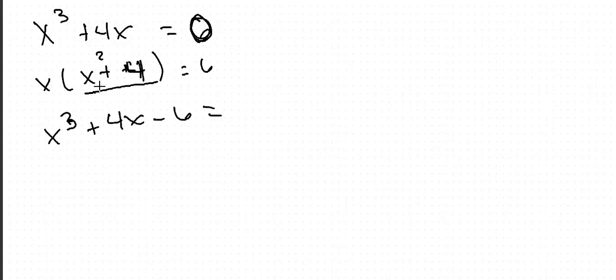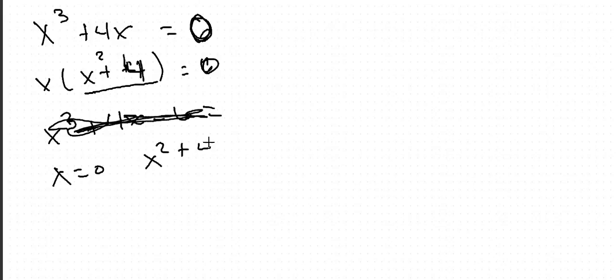So are they looking for just real solutions? I'm not sure. Because check this out. If I do this and that's 0, right? Yeah. Then I get x is equal to 0, and then I get x squared plus 4 is equal to 0. And then I subtract 4 from both sides. I get x squared is equal to negative 4.